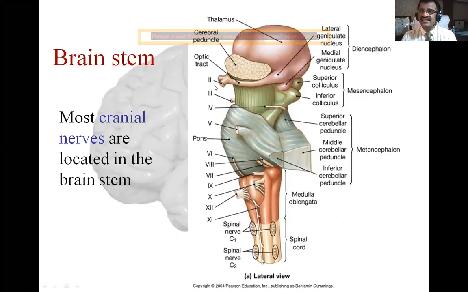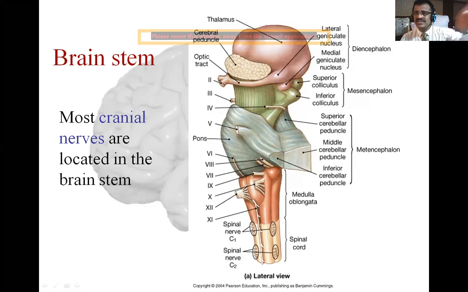We have studied that the second cranial nerve, and above on the cerebrum the first cranial nerve, the olfactory and optic nerves, are attached to the forebrain. For the midbrain, there are two nerves, third and fourth. For the pons, there are four nerves: 5, 6, 7, 8. And for the medulla oblongata, there are four nerves: 9, 10, 11, 12. So it is actually 2 plus 2 plus 4 plus 4.